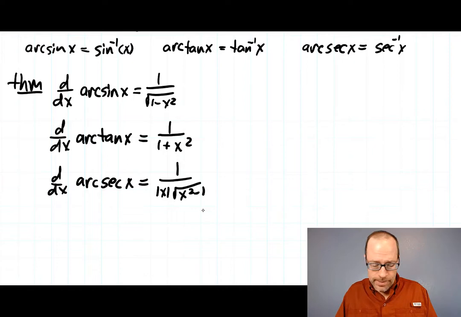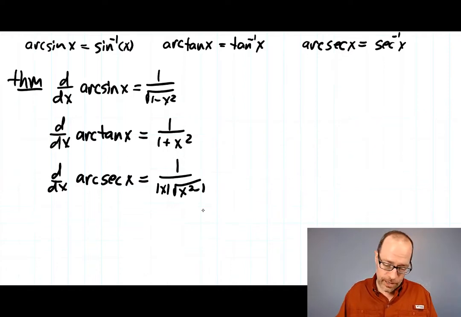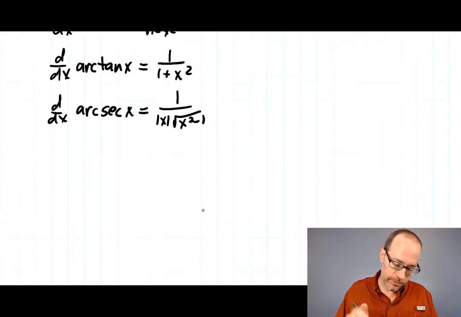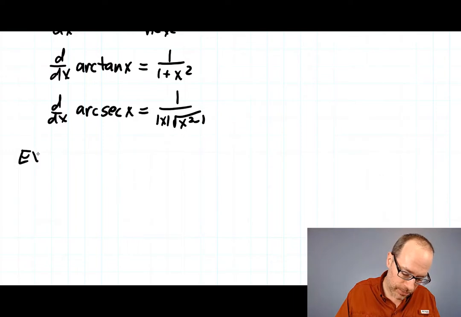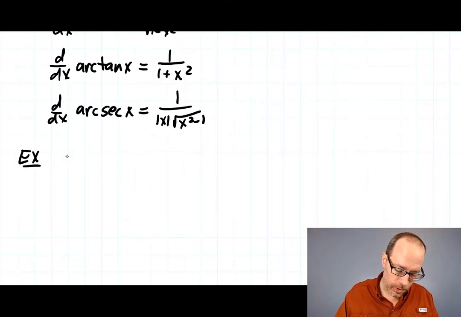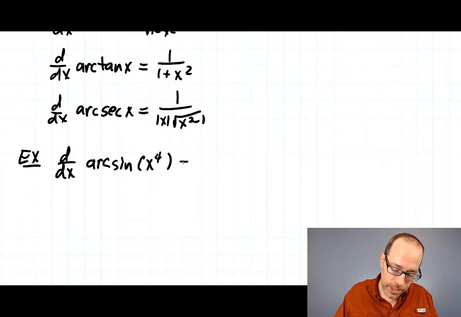All right, let me tell you how this works, at least for the arc sine, and then let's do an example first, and then I'll tell you why that works. So if I do d by dx of the arc sine of x to the fourth, this is a chain rule problem.